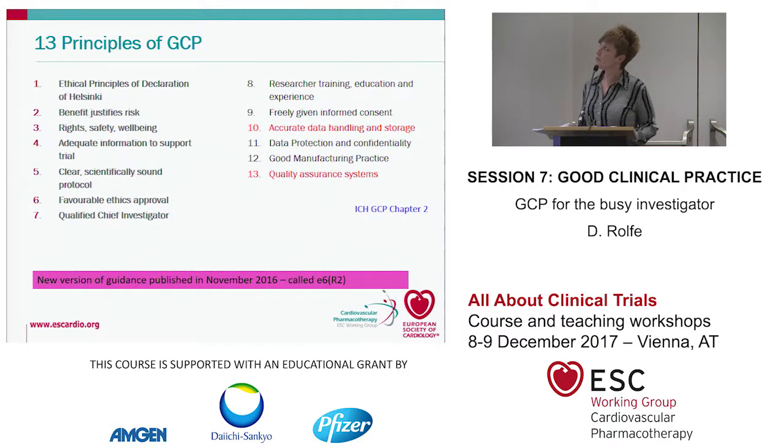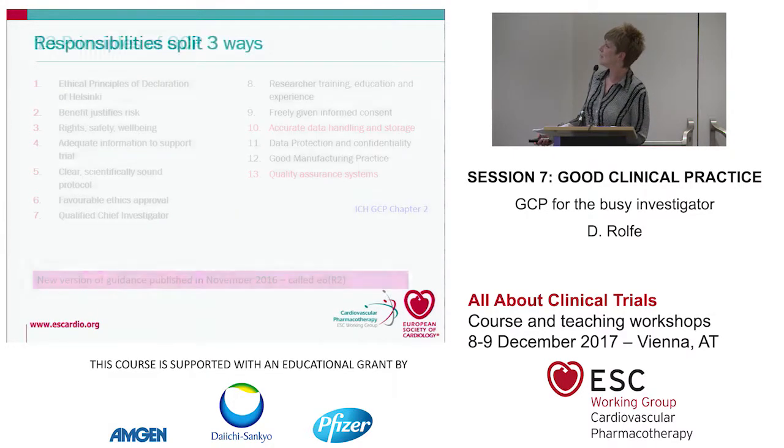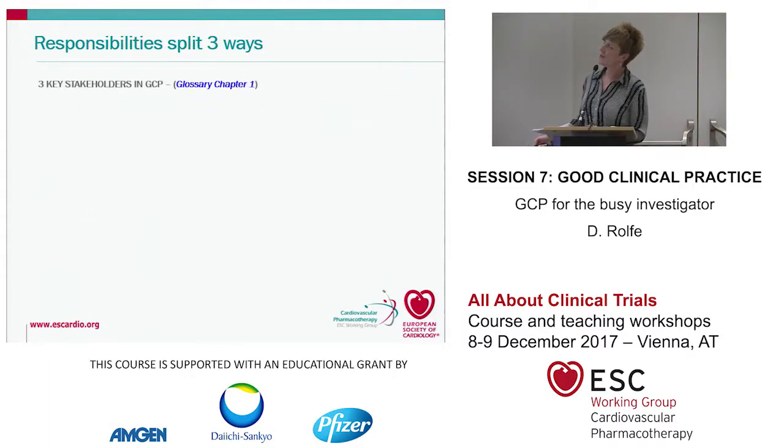There are 13 principles of GCP, and the ones that are highlighted in red are those that have received the most changes with the new Revision 2 guidelines, which were published in November 2016. Responsibility is split three ways throughout ICH GCP.